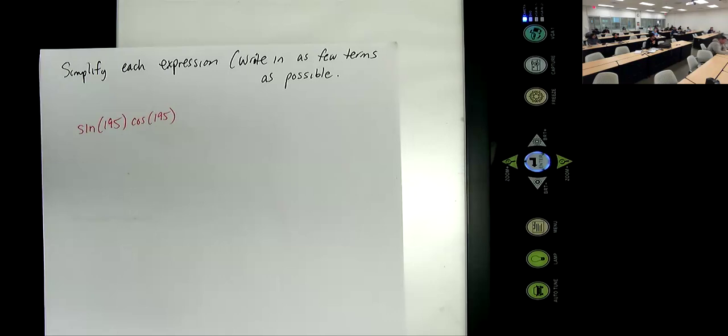What formula does this look like it might be a part of? What are the formulas?